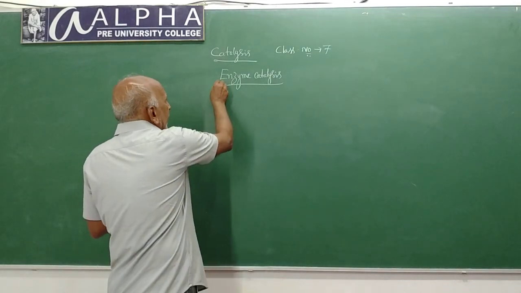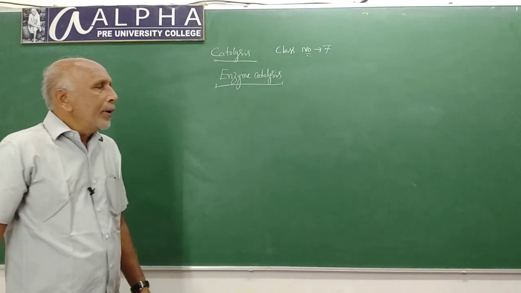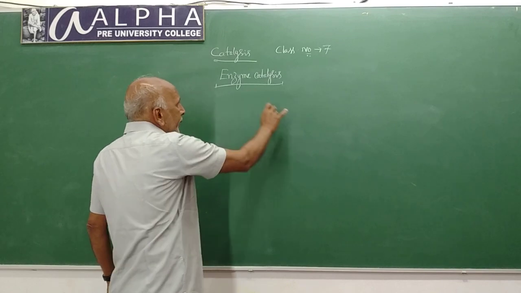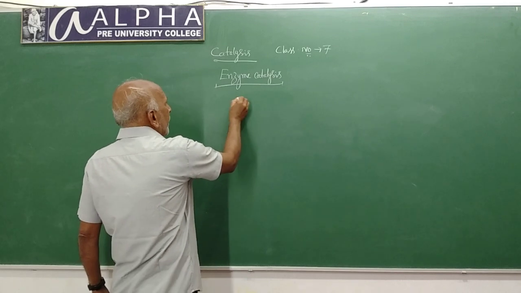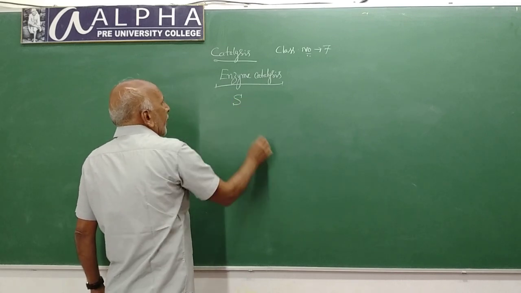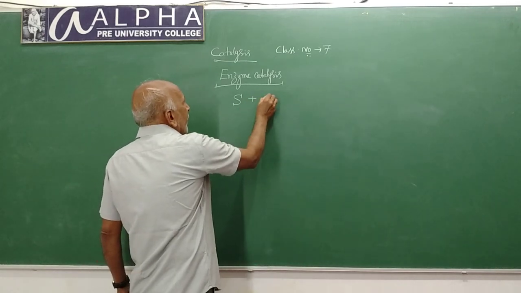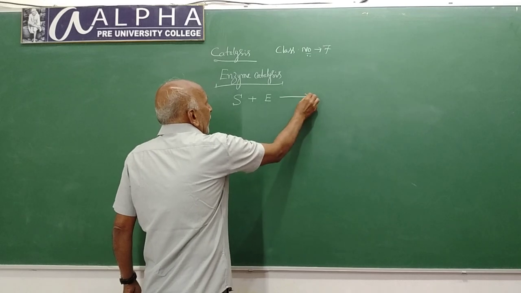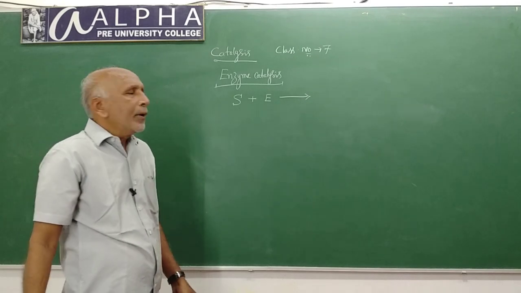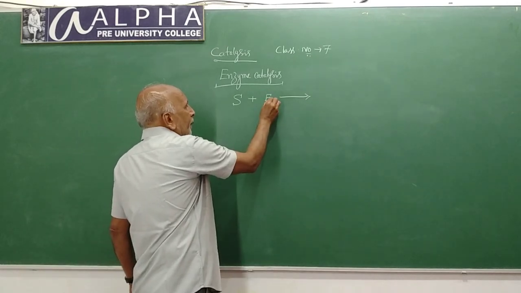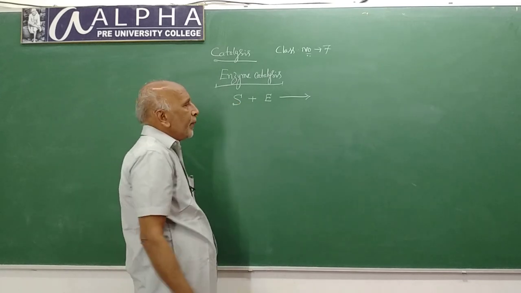Now let us see the characteristics of enzyme catalysis. The mechanism of enzyme catalysis is like this. We consider S, the reactant or substrate. In the reaction it combines with the enzyme used as catalyst. Here E stands for enzyme used as catalyst, S stands for substrate or reactant.